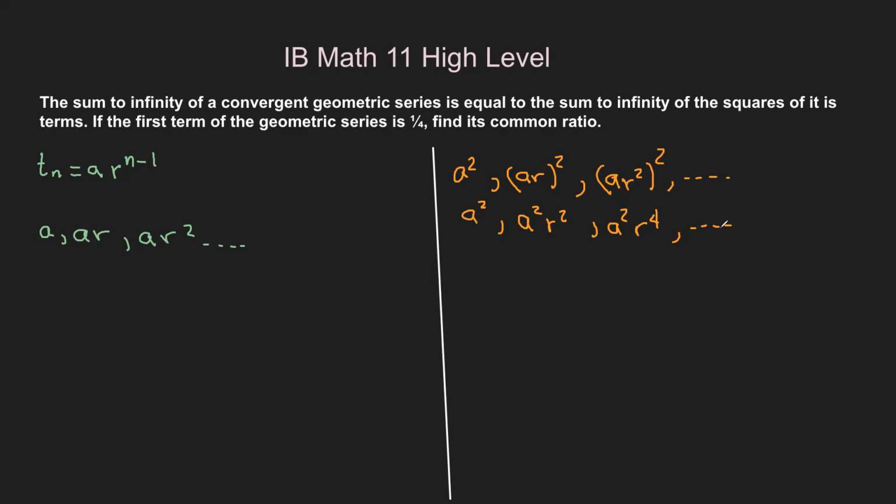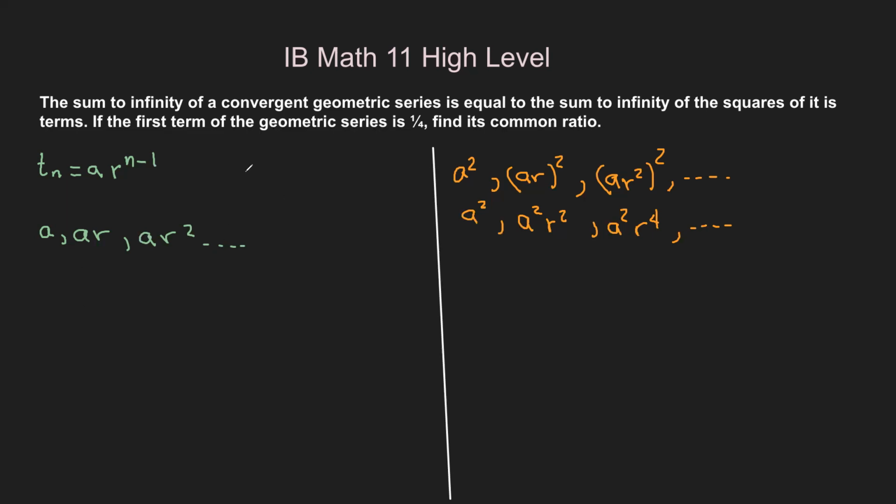So they say the sum to infinity of a convergent geometric series is equal to the sum to infinity of the squares of its terms. Now I'm going to do the sum equation for this.